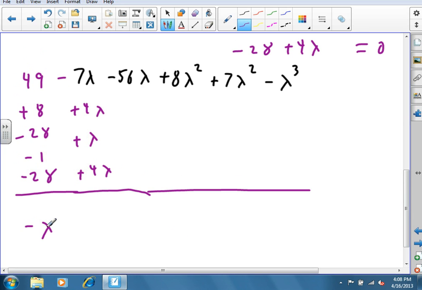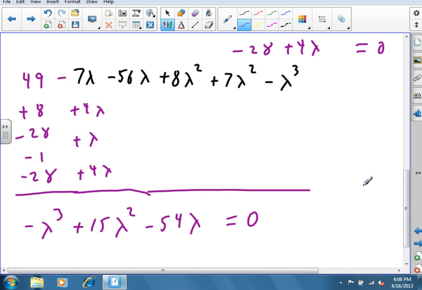Minus lambda cubed plus 15 lambda squared. Okay, so I've got minus 56 minus 7 plus 9 minus 54 lambda, and this is still 0, right? Plus 0.